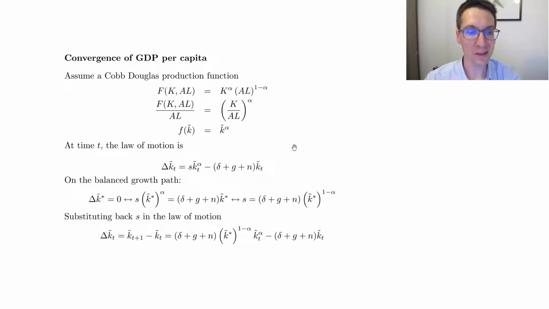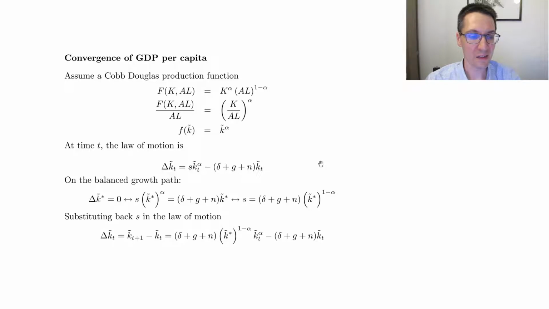So let's go ahead and divide by effective worker AL, so that we may get this familiar version. And note that if we divide AL to the 1 minus alpha by AL, then we get simply AL to the minus alpha. So it goes here at the denominator. So K divided by AL is simply k tilde. So we get that f of k tilde is equal to k tilde to the alpha. So it's a very convenient form of function to work with.